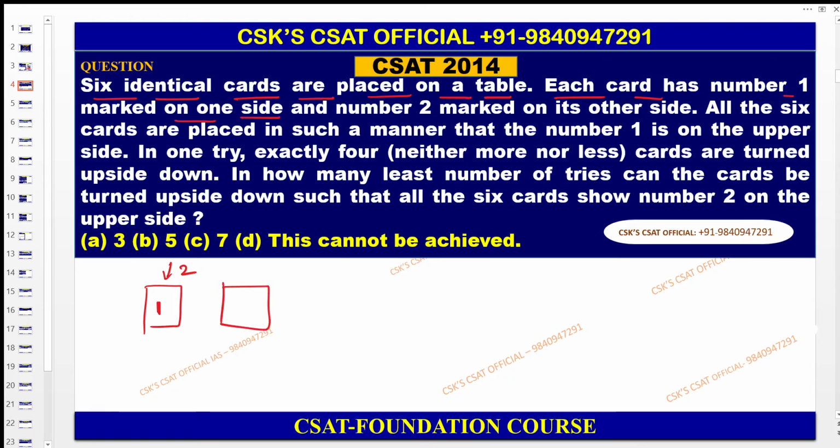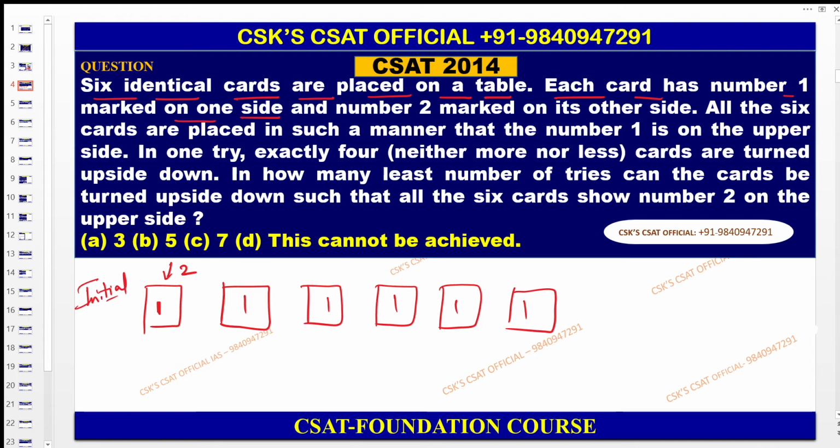So like that, you are having 6 cards here. The 6 cards are placed in such a manner that 1 is on the upper side in all 6. So this was the initial position.